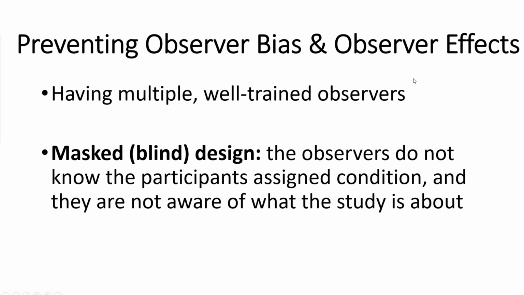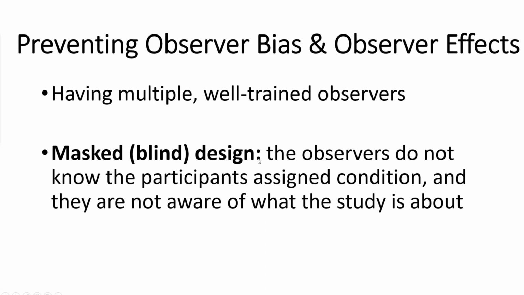Again, you want to keep in mind that if they're biased, 2 observers could be biased the same way. So multiple well-trained observers is all well and good unless they have the same bias, in which case you kind of have to find another way around it.